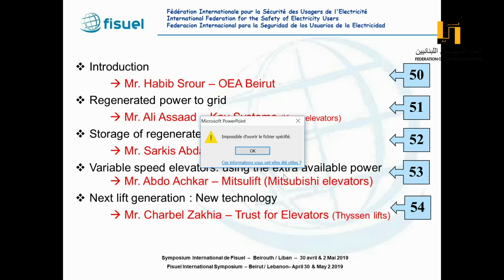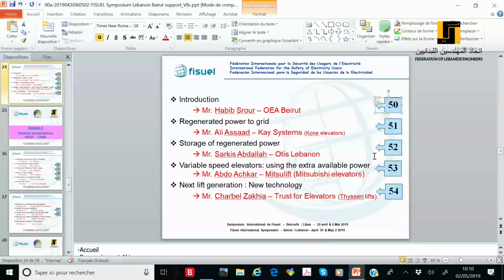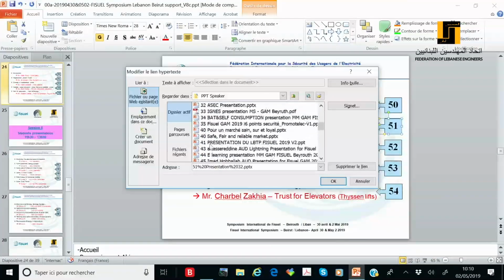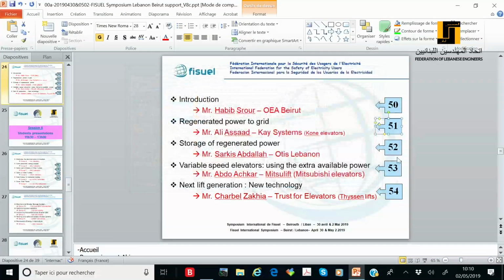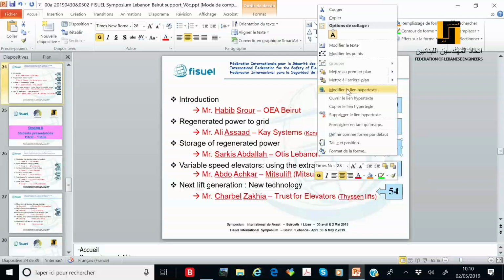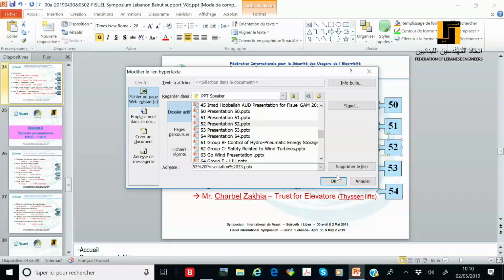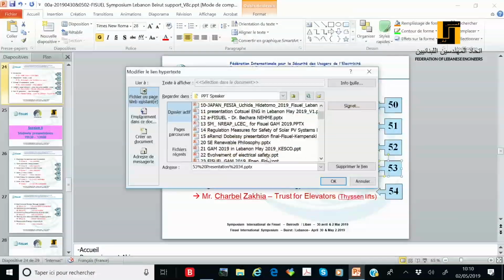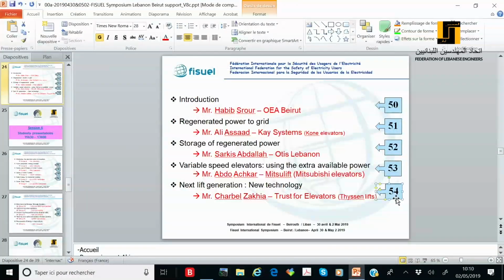K Systems is representing Kony lifts in several countries, of course in Lebanon, and sorry, I have to read them because they are too many. Beside Lebanon, it's in Benin, Cameroon, Central Africa Republic, Congo Brazzaville, Côte d'Ivoire, Democratic Republic of the Congo, Equatorial Guinea, Gabon, Ghana, Sierra Leone, and Togo.